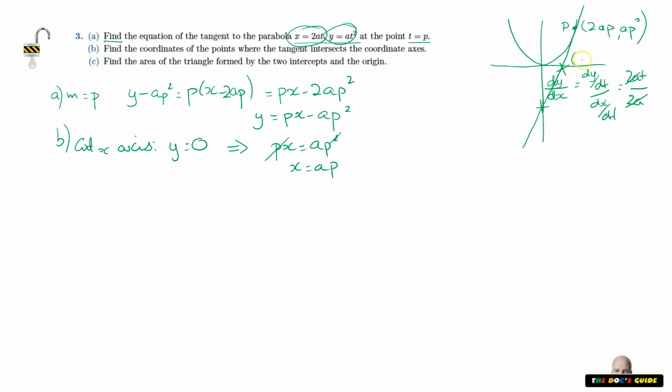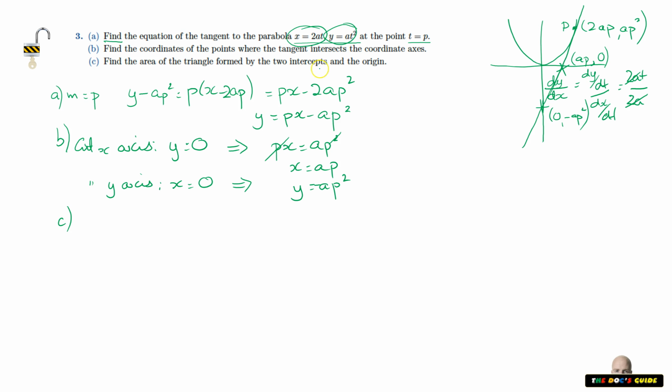So this point here is going to be the point (ap, 0), and we'll cut the y-axis when x equals 0, which implies that y equals minus ap squared. So this point is (0, minus ap squared). So nothing beyond what we could have done ages ago here. It's just in a different setting, which we're going to find is so often the case in maths.